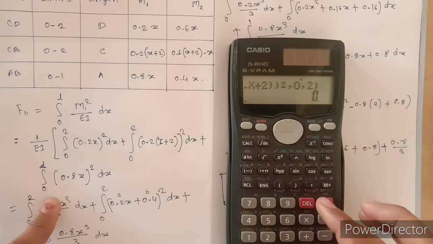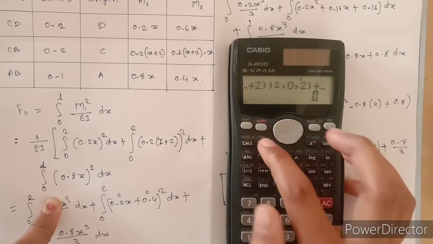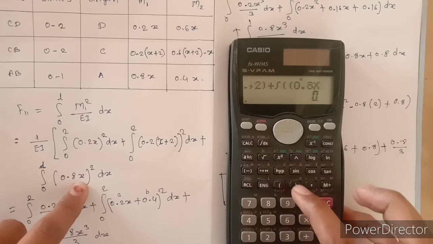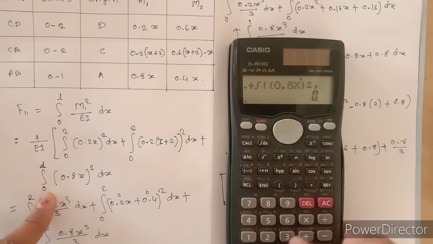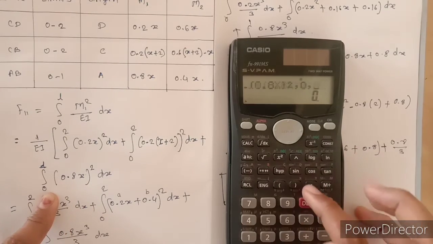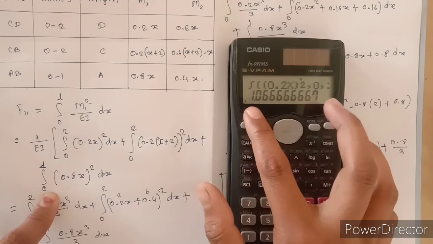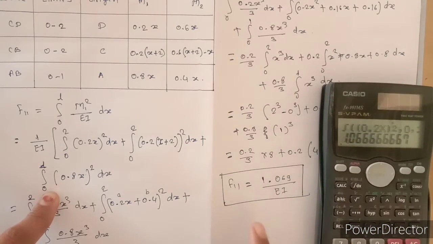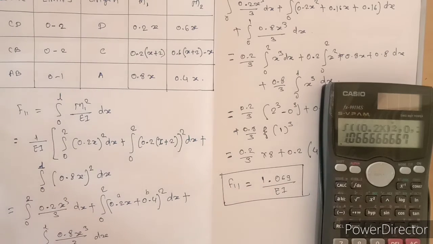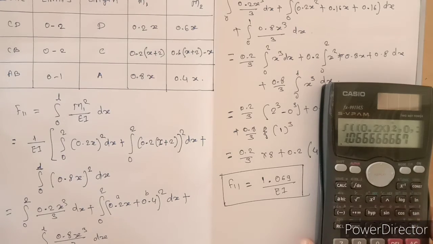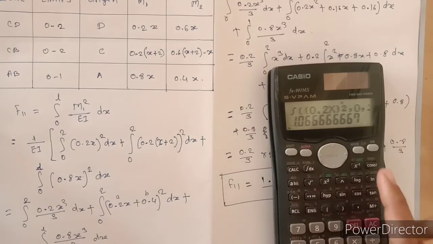Then another integration is plus integration in bracket 0.8x bracket square, limit 0 to 1, bracket square. So the answer is 1.06. So you can see here our answer is 1.06 divided by EI. Here EI is constant. So you can also directly calculate on the calculator.